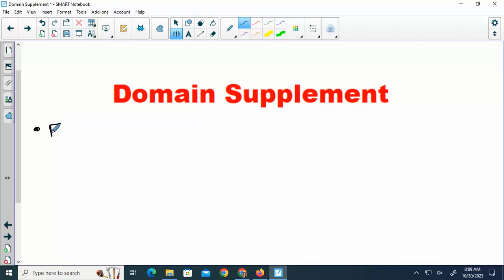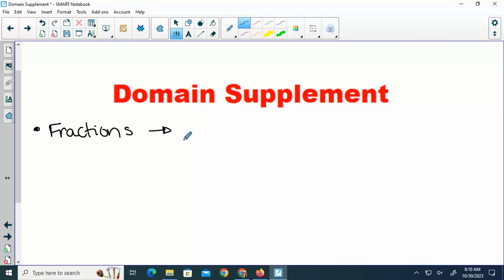Things to remember when we're talking about domains. When we have a fraction, what do we have to worry about in a fraction? What can't happen in a fraction? Oh, that could happen. We have like 5/2. We could do that.